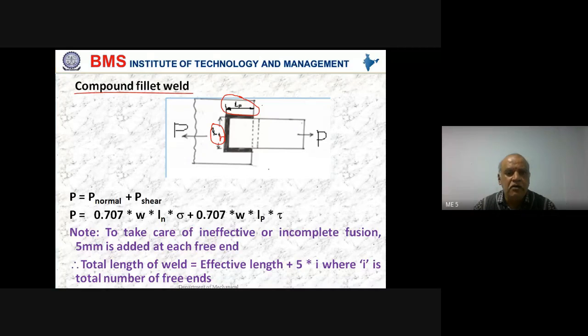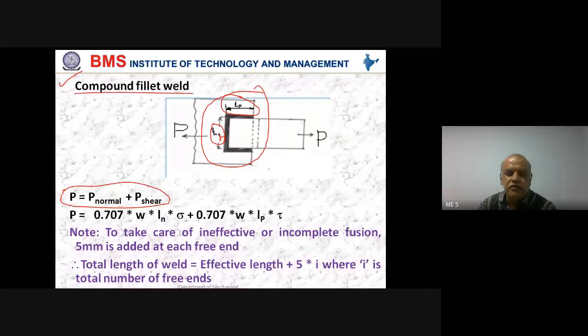So when you have combined parallel and transverse fillet welds, such welds are called compound fillet welds. In such case, the total load by the compound fillet weld is the sum of load because of normal fillet weld and load because of shear, load because of parallel fillet weld.